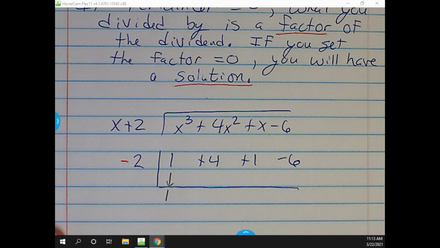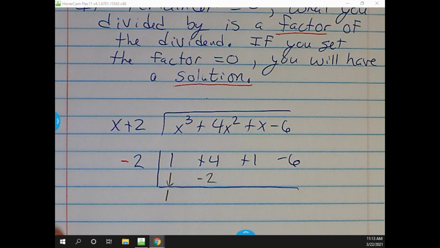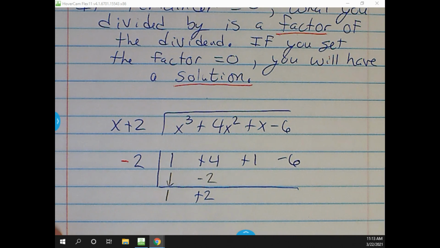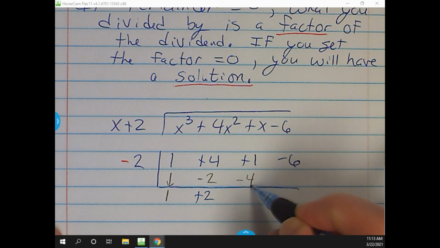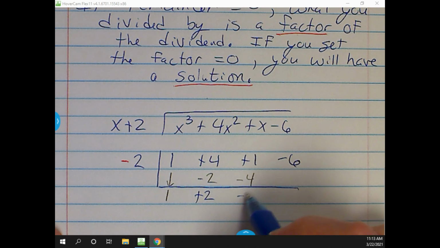All right, bringing down the first number, bringing down the 1. We've got negative 2 times 1, which would be a negative 2. 4 minus 2 is a positive 2. Negative 2 times negative 2 is a negative 4. 1 minus 4 is negative 3.